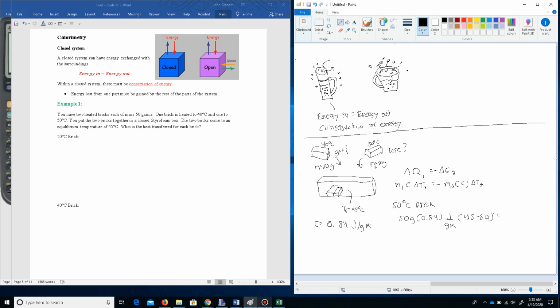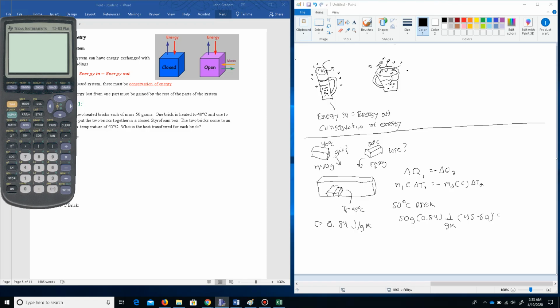Let's calculate this out, times 0.84. That's a negative 5. I didn't have to switch to Kelvin because it's a temperature change, still negative 5. We get negative 210.